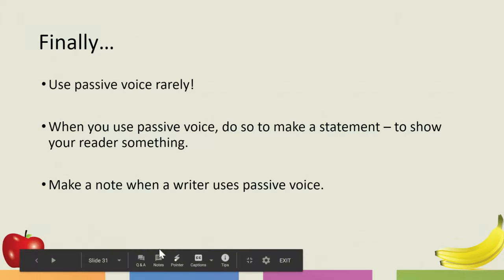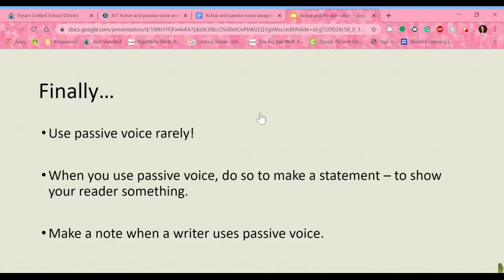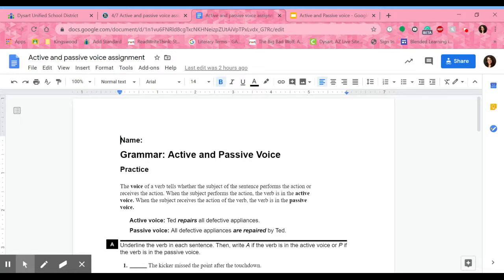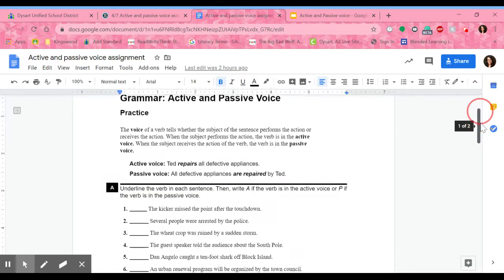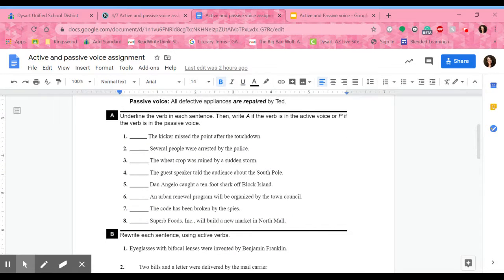And with that, you guys are going to go ahead and work on your assignment, which is right here. It is a good old handy dandy Pearson worksheet. In this one, you're going to underline the verb in each sentence. And then you're going to determine whether it's active or passive.